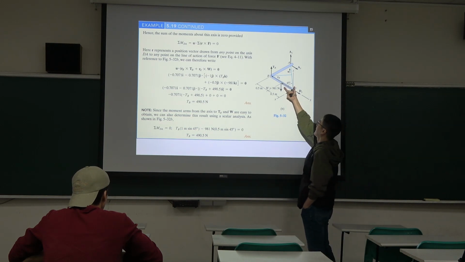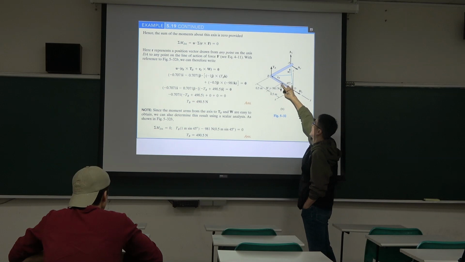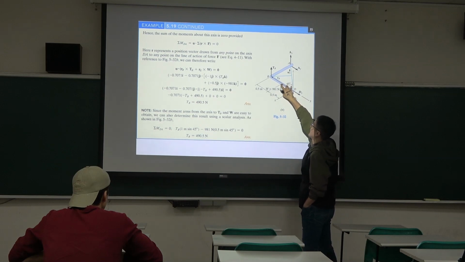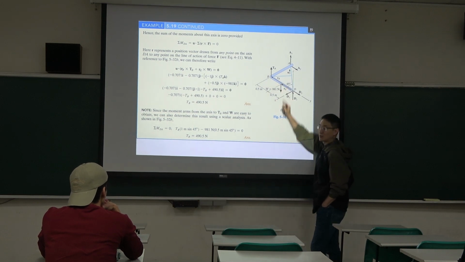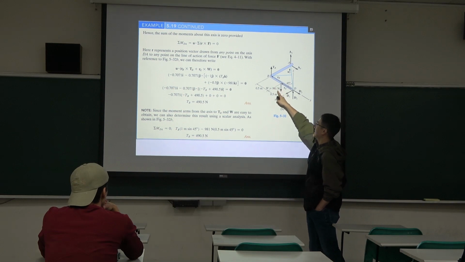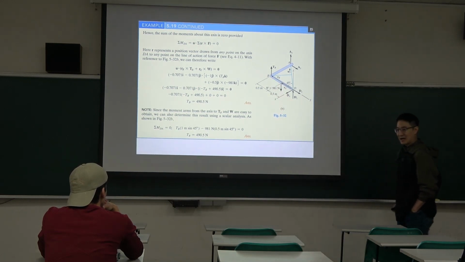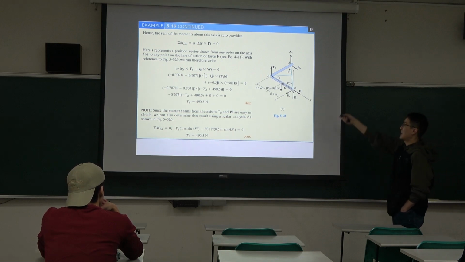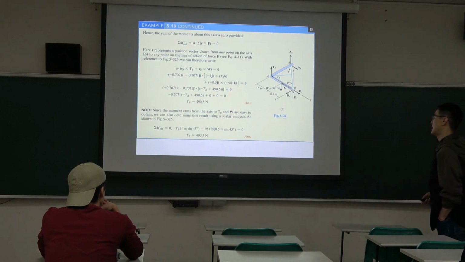Because the vertical distance, this distance is halfway to this triangle. So we know the weight is 981. So TB must be half, because the level arm is double. So we can still work out the value: 490.5 Newton.